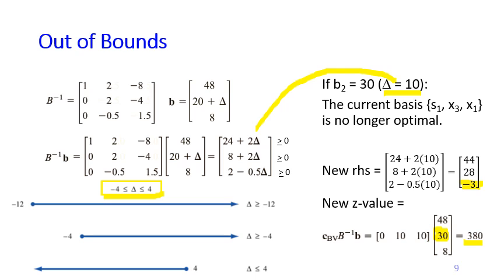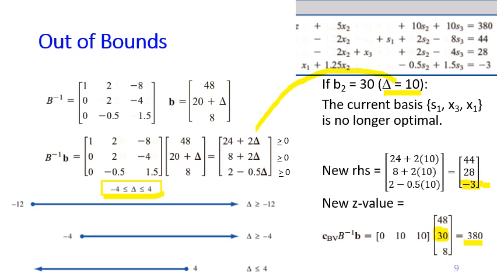Because we have a right-hand side that is negative, the current solution is not feasible. So we append this result to our old optimal table: the new right-hand side here, and also the new right-hand side for row 0. At this moment, we can't do anything with this table.